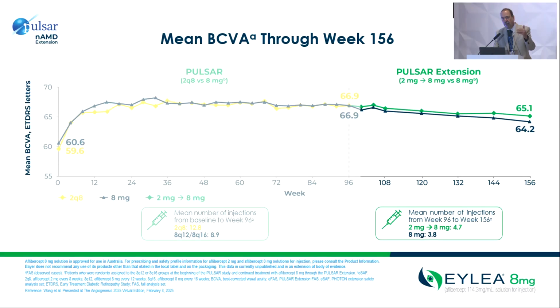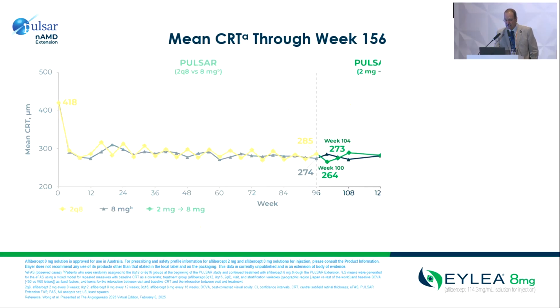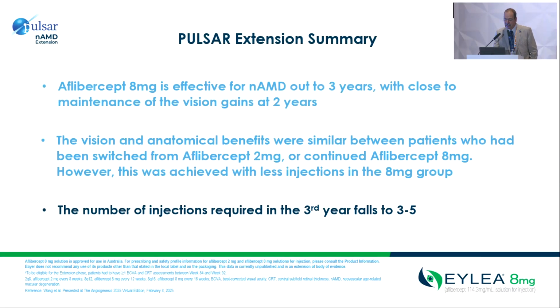So switching from lower to higher does give you an added advantage in terms of reduced number of injections in the extension period. This is also seen in the central retinal thickness. So this is really about patients with AMD. As you go along with year 3, year 5, the number of injections reduces. This is something that we're quite familiar with.